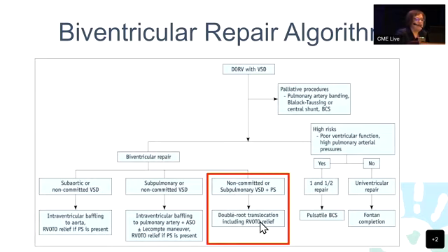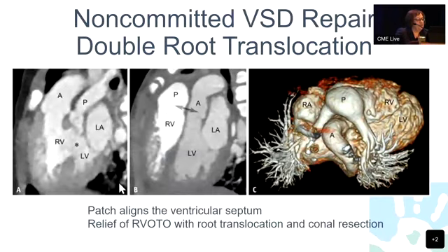Lastly, we'll talk about non-committed VSDs that have PS. Here's a picture right here of a case of a non-committed VSD. The VSD is down here, both great arteries are up here with some septum in between them.